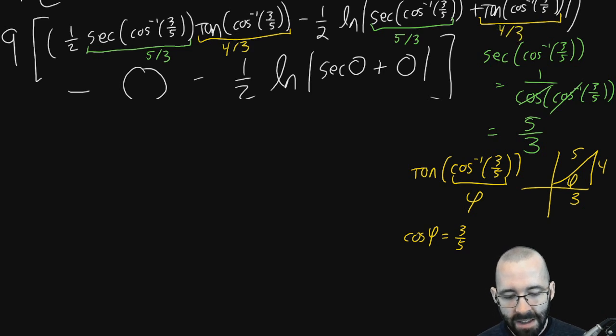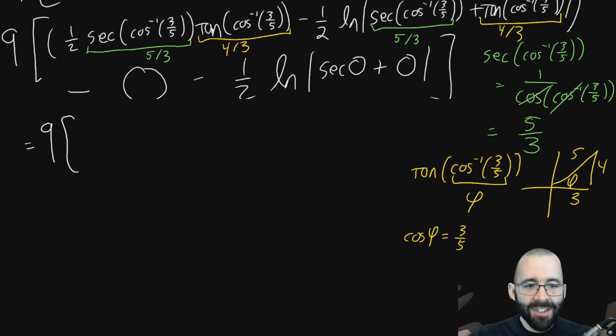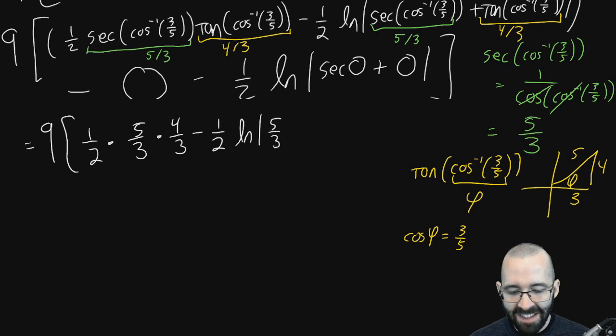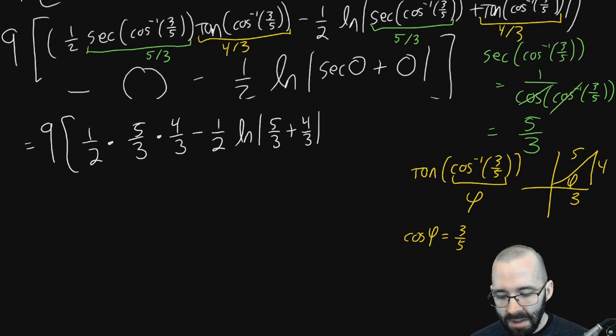So it looked really messy, but look what happens in this next step. The sun is finally coming out. We have 1/2 times 5/3 times 4/3 minus 1/2 times the natural log of 5/3 plus 4/3. This part's not as nice.